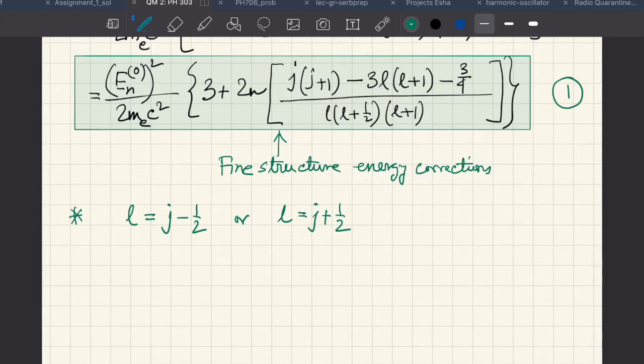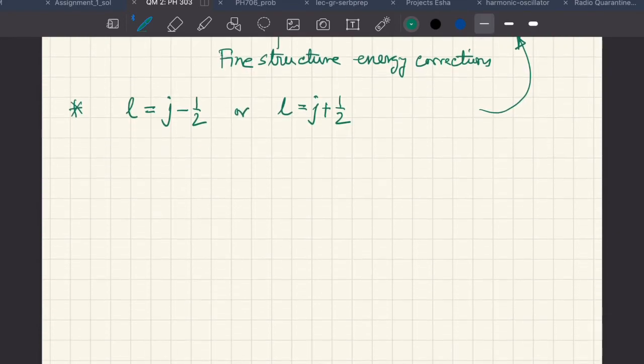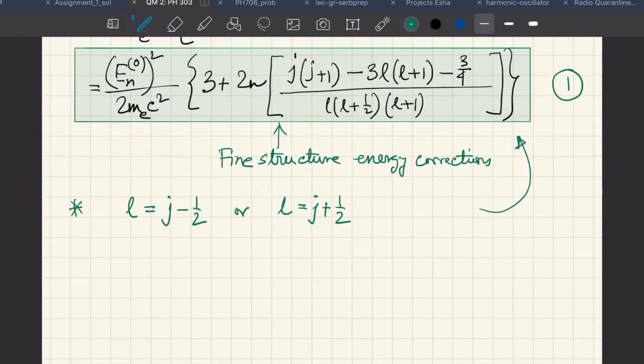Now the surprising result is that in both these cases, the shift is the same. That means for both these cases, if you calculate, you will get the same energy shift. That is very surprising. This means that the shift is in fact L independent. It is just dependent on J. So that is what we are going to discuss now.